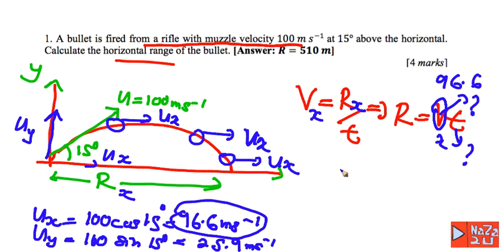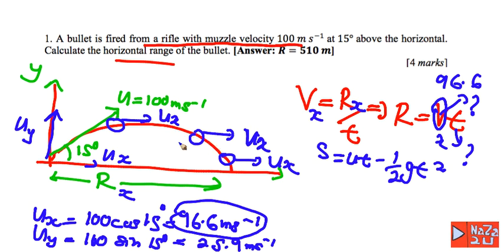For t, you can use the equation s is equal to ut minus half gt squared. Why? Because you can find the time taken from the object starting to launch, moving upward, then downward and back to the ground surface.